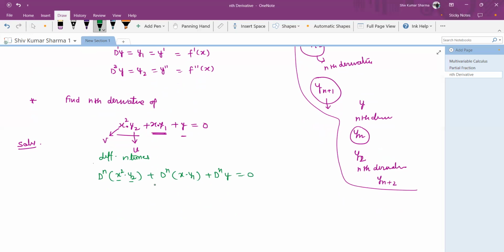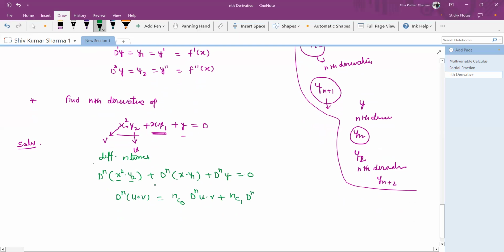First we write down the Leibniz theorem: dn of u into v is equal to nC0 dn u into v plus nC1 d(n minus 1) u into dv plus nC2 d raised to the power n minus 2 u into d square v, and so on. The first term nC0 means 1.